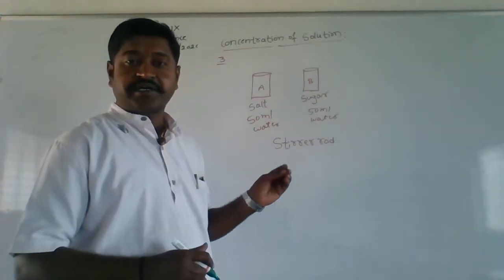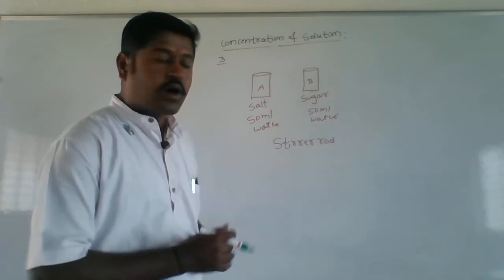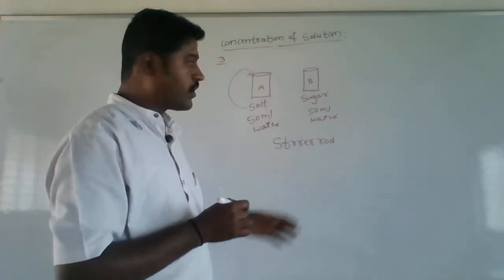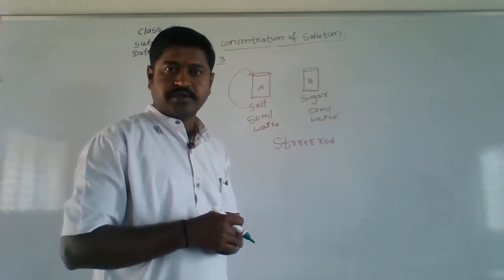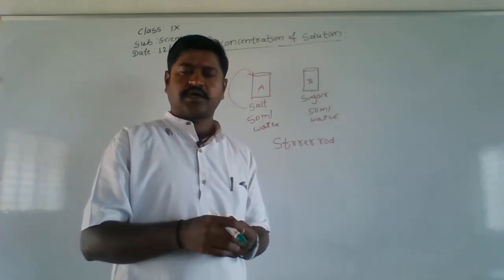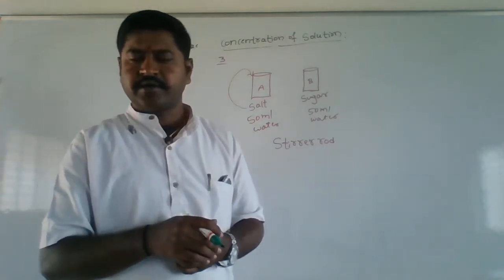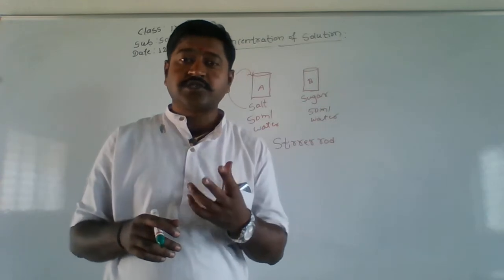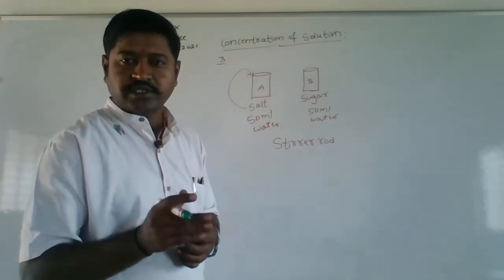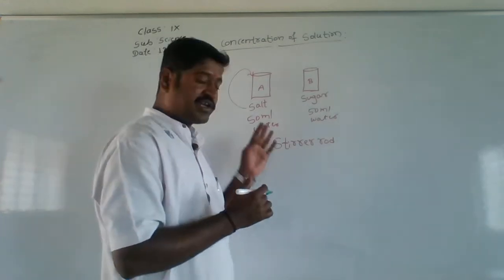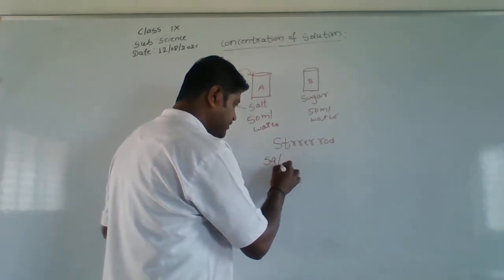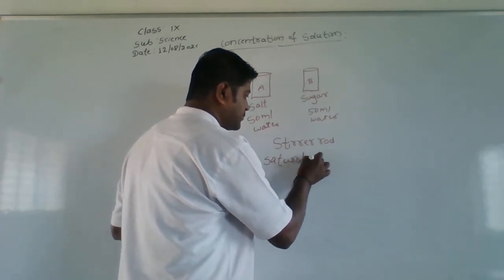While stirring continuously, we will again add salt or sugar, right? After a certain time, when you add salt or sugar to beaker A or B, what happens? It is not going to dissolve. Why is it not going to dissolve? Because it has reached its saturation.